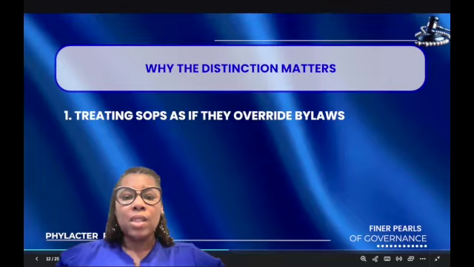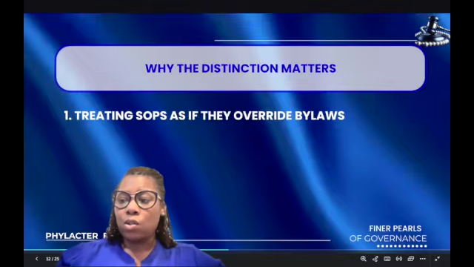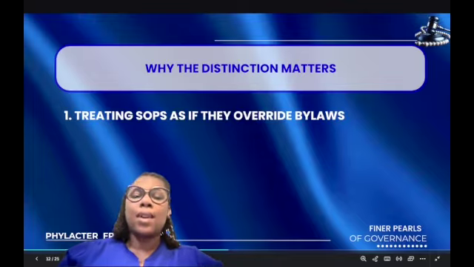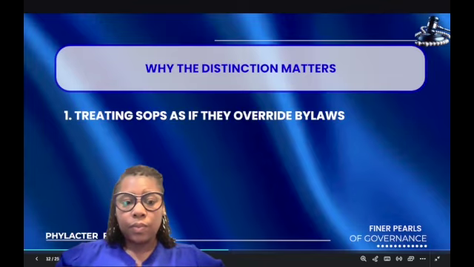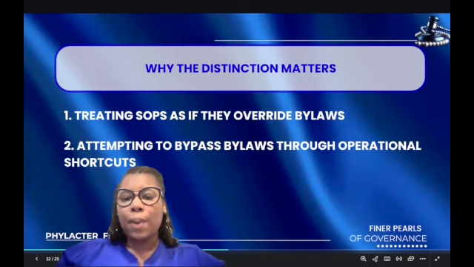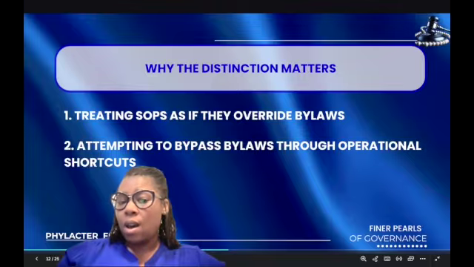One important thing to remember: SOPs cannot contradict your bylaws. If they do, bylaws prevail. So bylaws are at a higher hierarchy than SOPs. A second thing some people try to do: attempting to bypass bylaws through operational shortcuts.